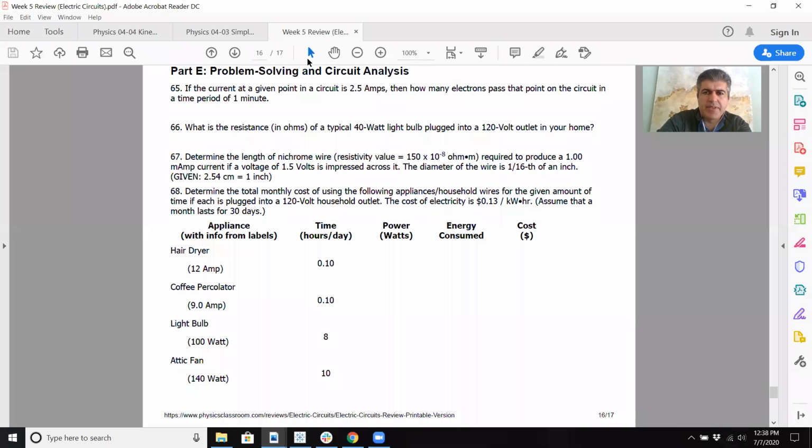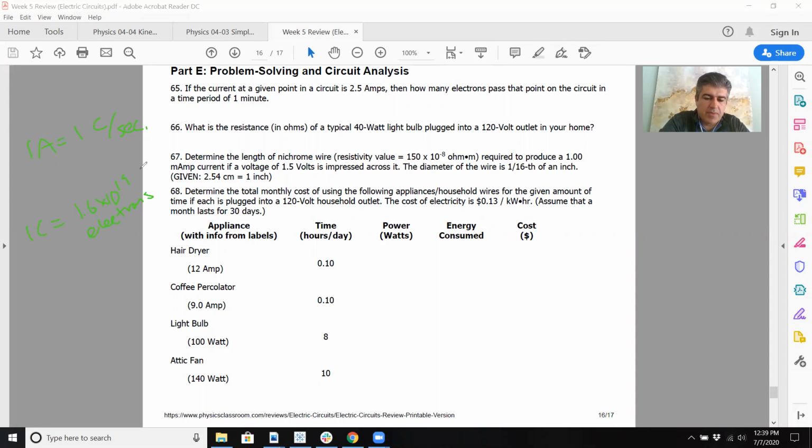I won't ask this on our test. 1 coulomb, if I'm not mistaken, covers about 1.6 times 10 to the 19th electrons, but you can always just look it up in case you're not sure.